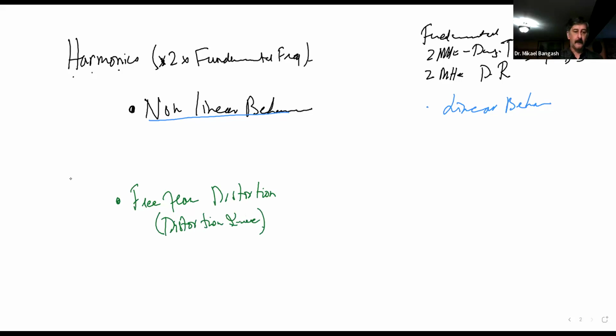Whereas in our fundamental imaging, or regular imaging, you will have some sort of distortion.